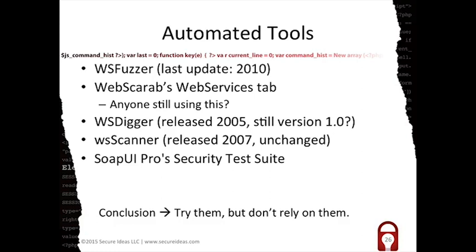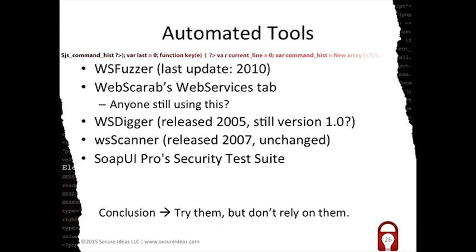So really, the best tool in terms of automated tools that has been kept up to date is SOAP UI's security test suite. The problem with that one is that it's not cheap. It does have a price tag on it, and I've used it and I've had very, very limited results.